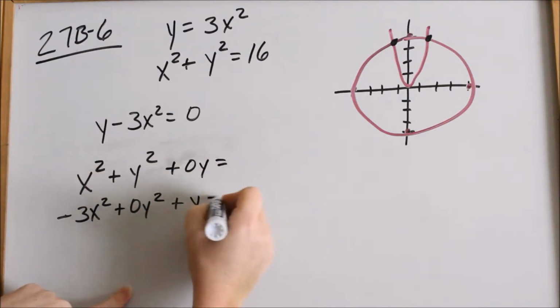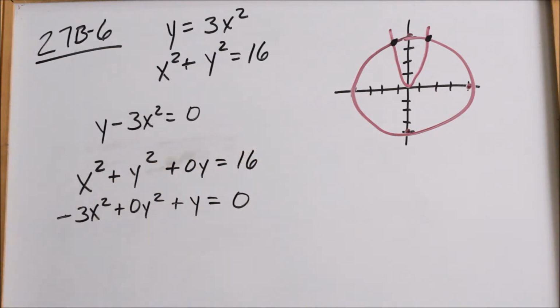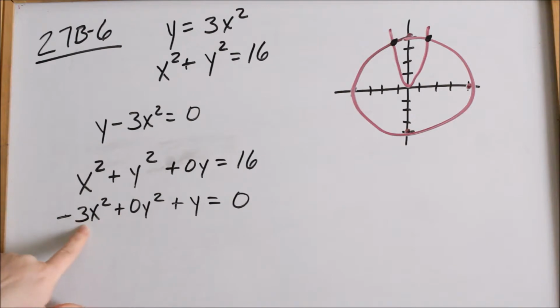And then the whole numbers at the end: my parabola was 0, and my circle was 16. It's just a matter of writing everything correctly. I still have my circle, x squared plus y squared plus 0 equals 16. My parabola, still negative 3x squared plus y. I just added in this 0 as a placeholder.